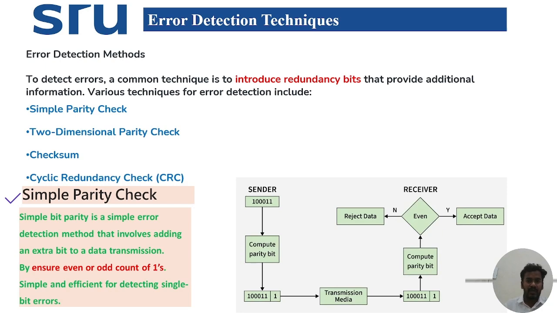So we will discuss them one by one. From these error detection methods, first we will discuss the simple parity check method. The simple parity check method is nothing but adding one bit at the end. How is it added?